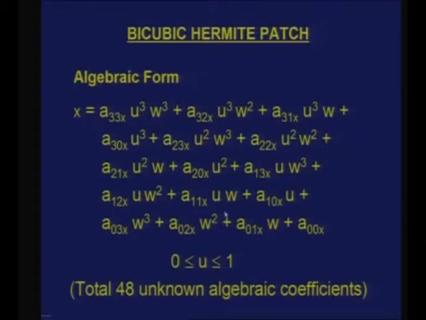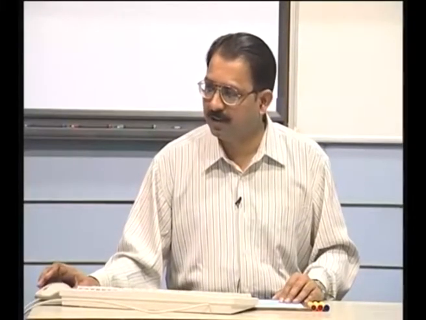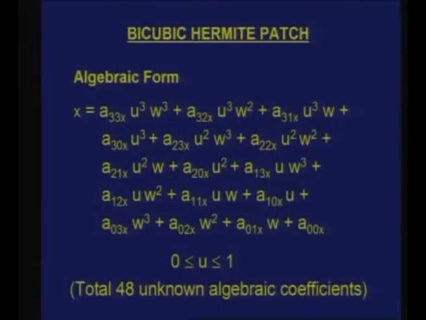So, how many algebraic coefficients does one have to provide in order to completely define a bicubic Hermite patch? I have 16 here for x, 16 into 3. So, there are a total of 48 unknown algebraic coefficients which are shown here, and you also have the parameter u ranging between 0 and 1. What is missing here is w also. So, you have w also ranging between 0 and 1, which makes it a complete definition of this.